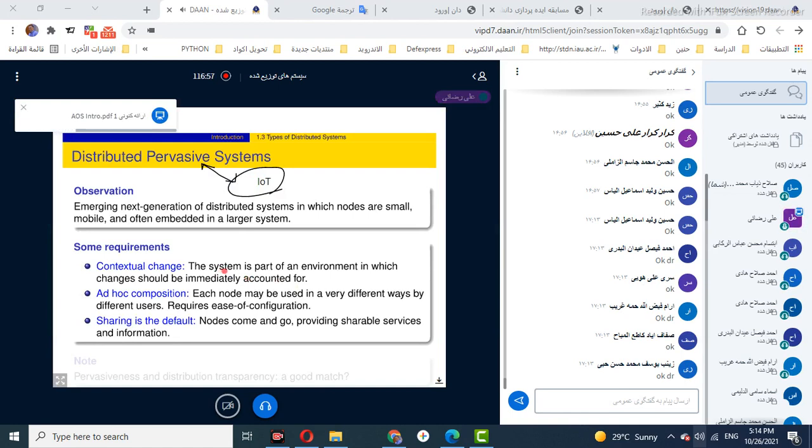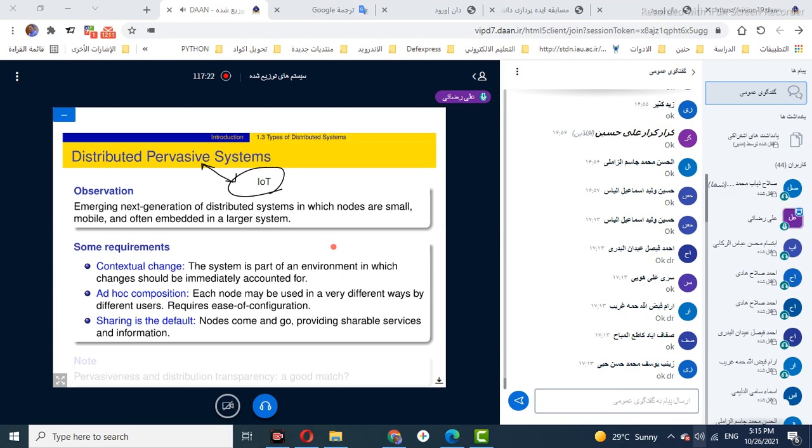So we have three requirements regarding these systems. First of all, contextual change. The environment in these systems is volatile and changing continuously; we live in a dynamic environment.